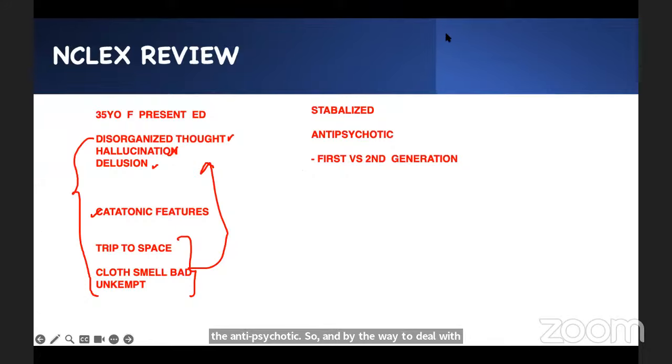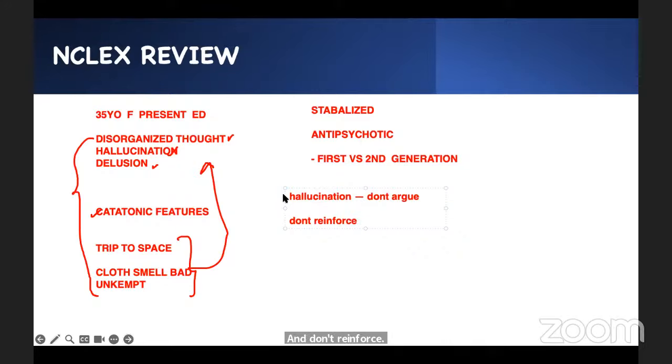There's a strategy. For a schizophrenia patient, when they are hallucinating, don't argue with them and don't reinforce the hallucination. Don't ask questions about the hallucination. The only time you're going to ask about it is if it's auditory.